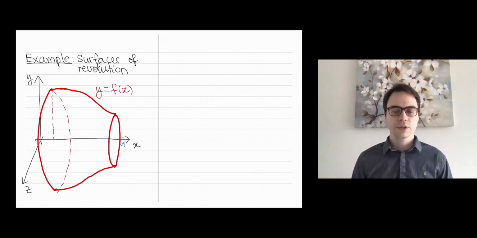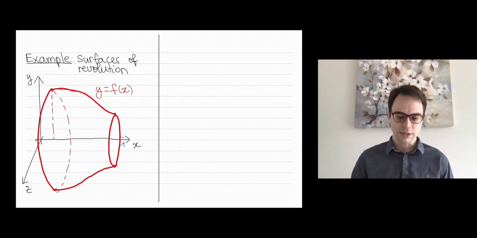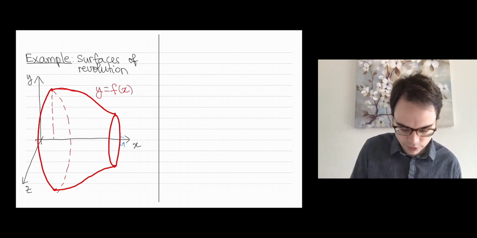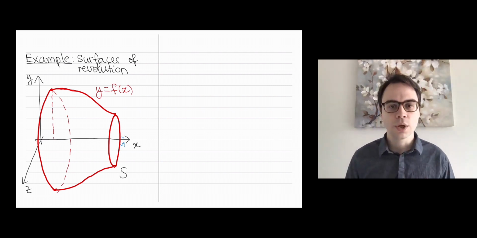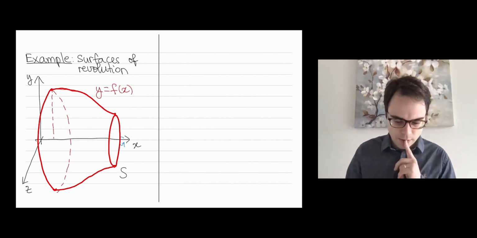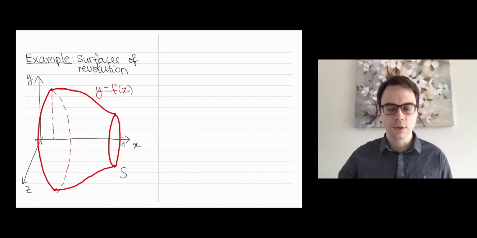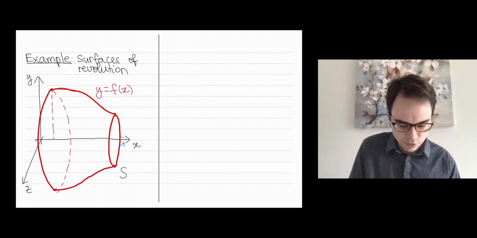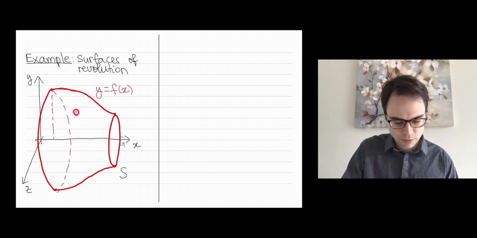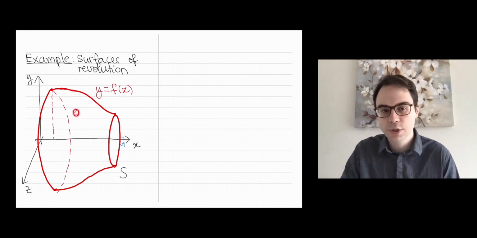Our job is to parameterize this surface S. This means we have to describe points in S just using two numbers, and I think there is a natural pair of numbers that we'd use to describe points on the surface. Say I want to describe this point to you. Here's how I could do it.